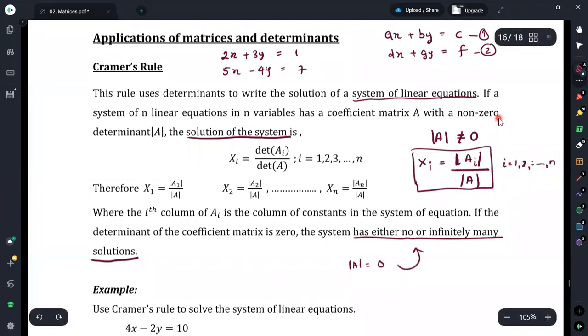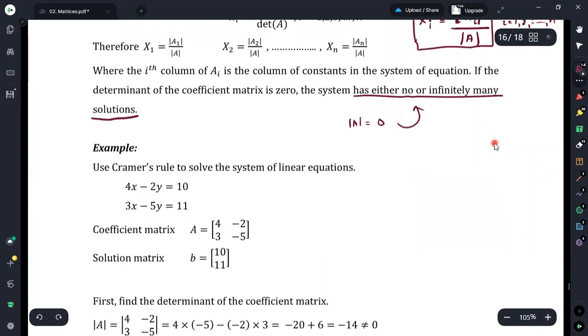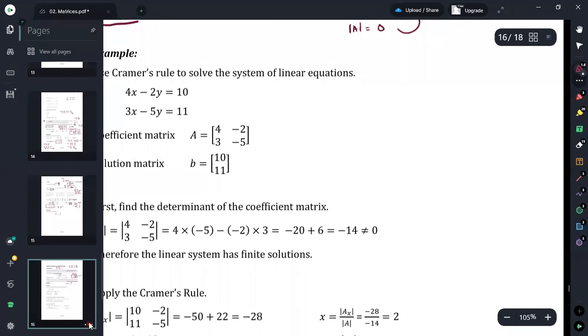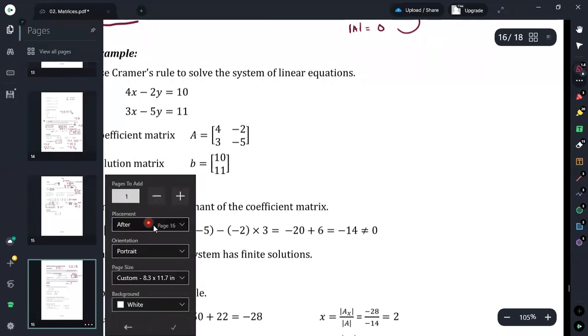Okay, now we'll see an example related to Cramer's rule. Here a simple set of variables is used, and we have two variables. For the explanation, I have used a 2 by 2 matrix.